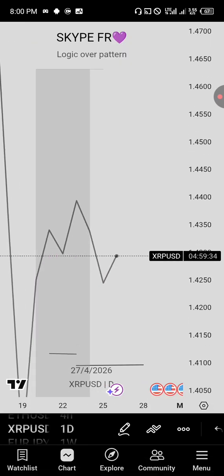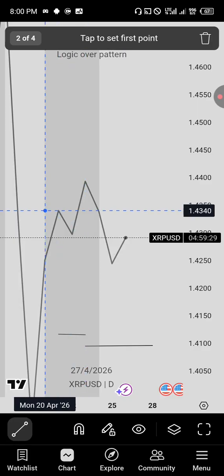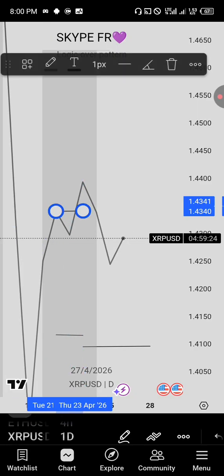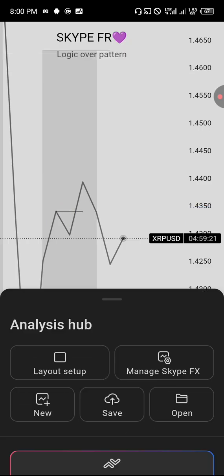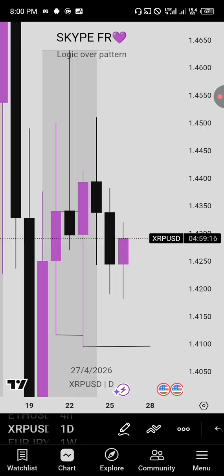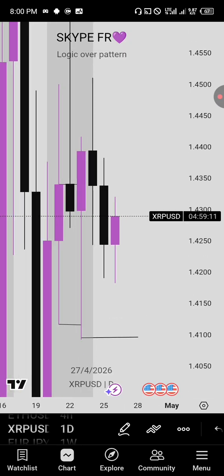Alright, so if you take a look now, our price swept this liquidity level. We have this breakout level here, giving us a sort of bullish move. Now you can see for MSNR key levels, we have different types of key levels.